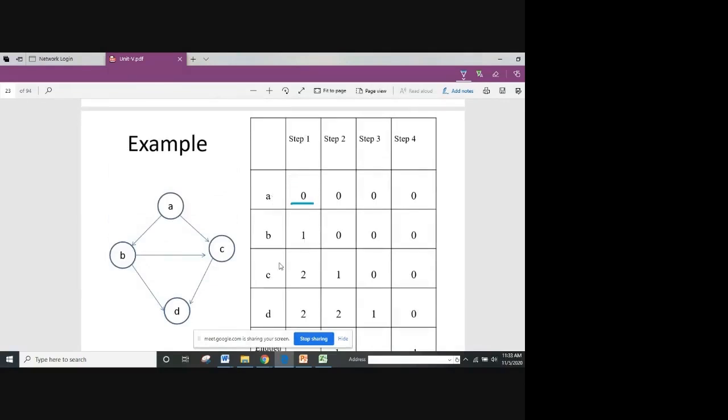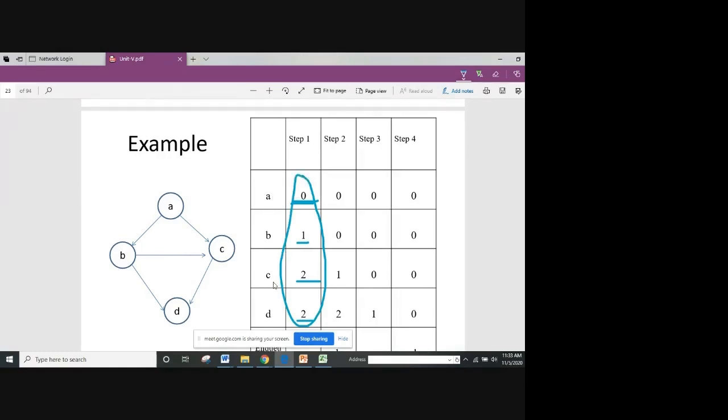First step: A, B, C, D. I'll first find the in-degree of all: in-degree of A is 0, of B is 1, of C is 2, of D is 2. So in my first step, I calculate all the in-degrees from the graph.